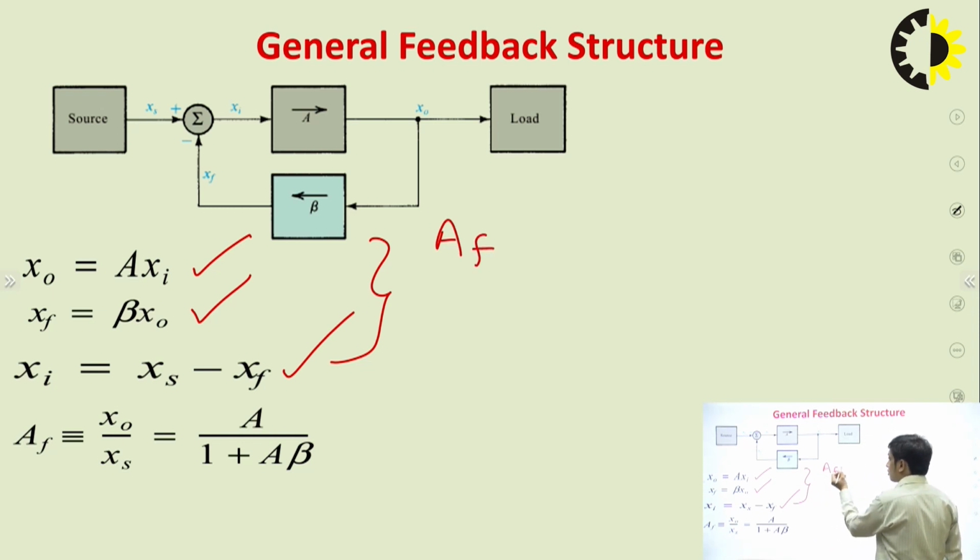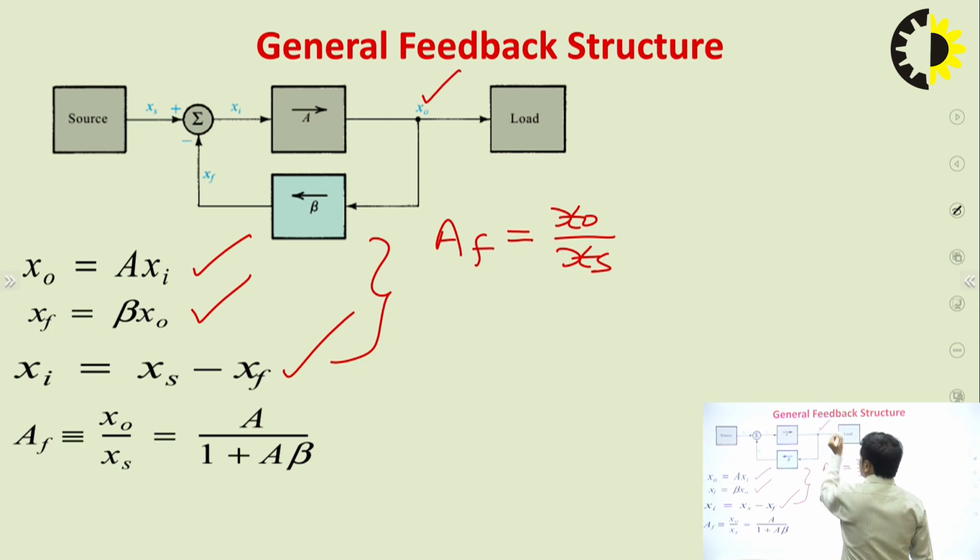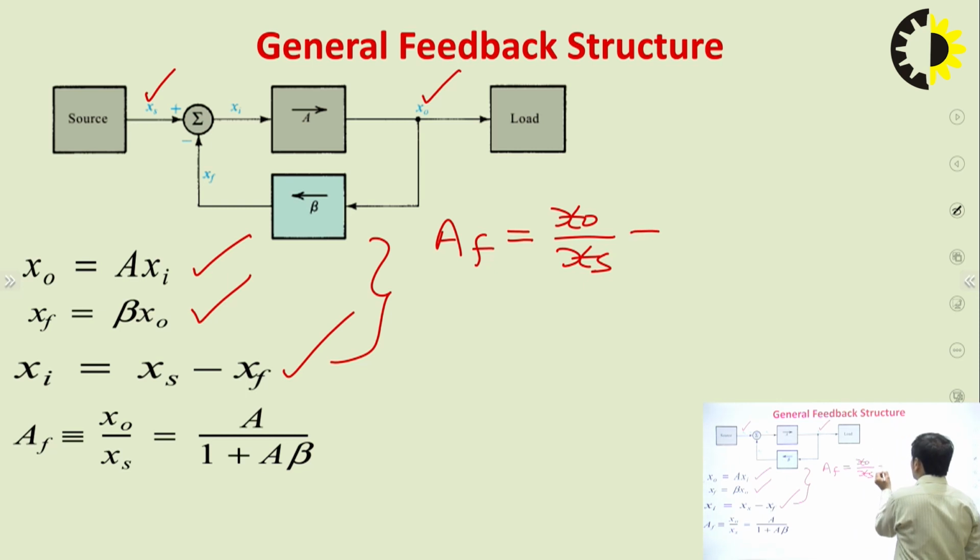This AF is also called closed loop gain, that is equal to X0 upon Xs, because the output is X0 and the input is coming from the source. So after the calculation we will get AF is equal to A upon 1 plus A beta.